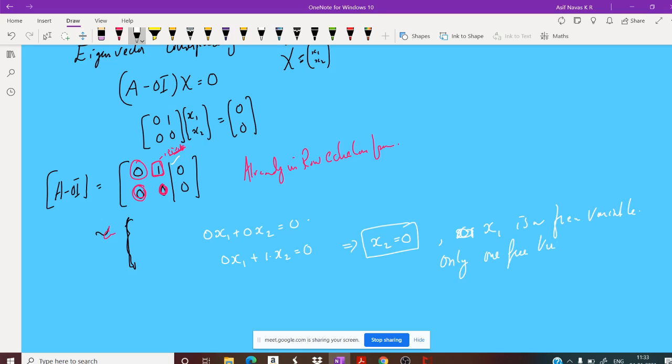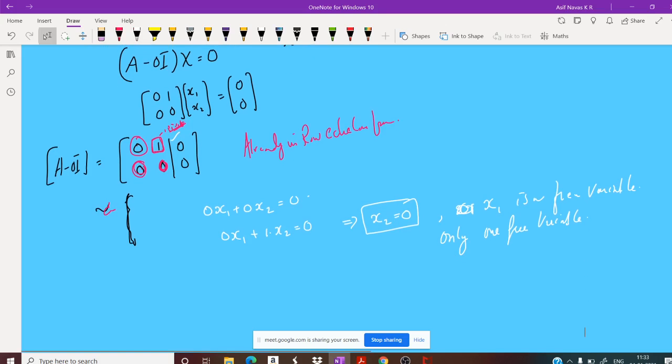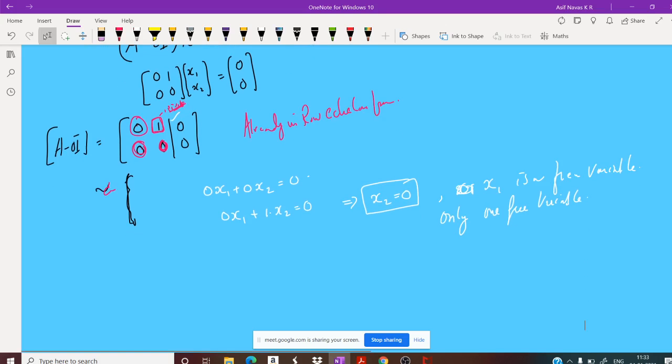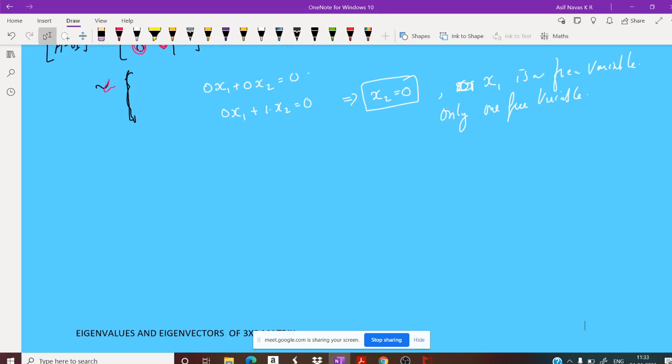If there is only one free variable, how many linearly independent eigenvectors do we have? If there is only one free variable, we can only find one linearly independent eigenvector, right? So what is that eigenvector?